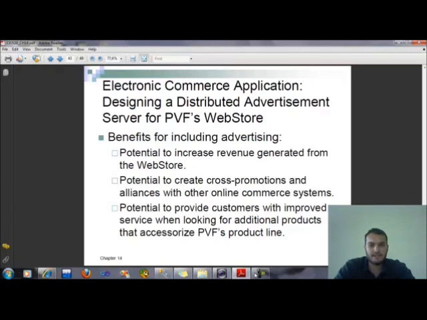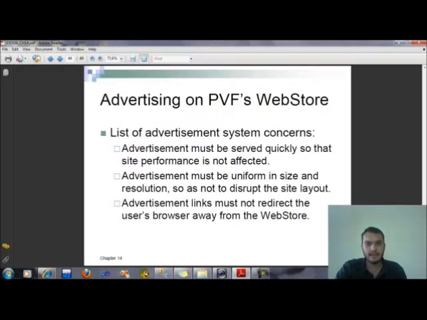And benefits include advertising, the potential to increase revenue generated from the web store, the potential to create cross promotions and alliances with other online commerce systems, and the potential to provide customers with improved service when looking for additional products that cross the PVF product line.